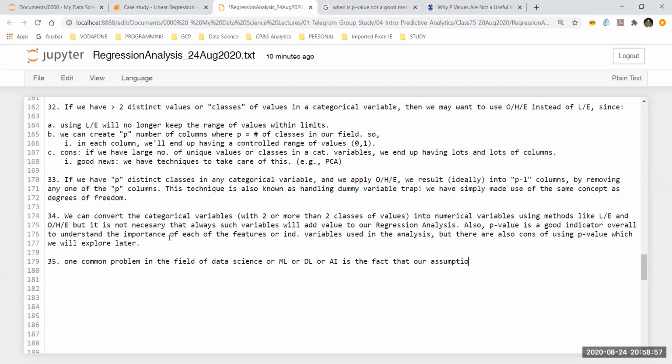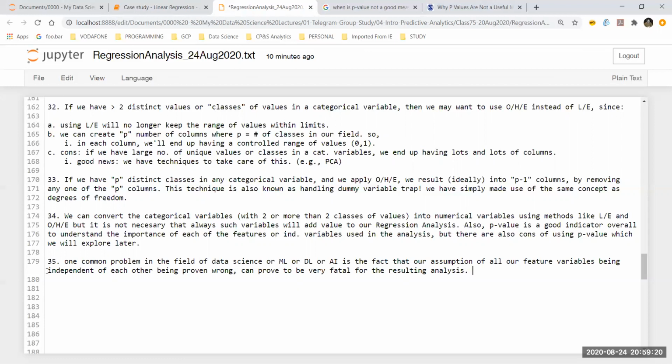our assumption of all our feature variables being independent of each other being proven wrong can prove to be very fatal for the resulting analysis, right?